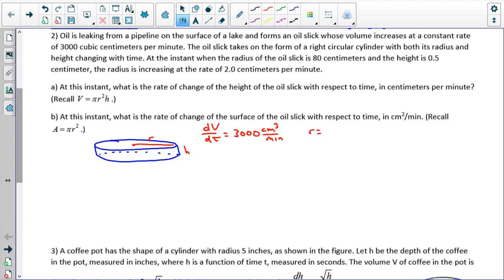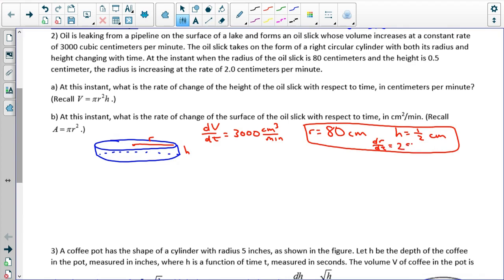The radius is 80 centimeters at a particular time, and the height is 1/2 of a centimeter. So all of this is information that they give us at the beginning of the problem. At this exact moment, so when these two things are happening that I have boxed in red, the other piece of information that we have at that moment is that dr dt is 2 centimeters per minute.